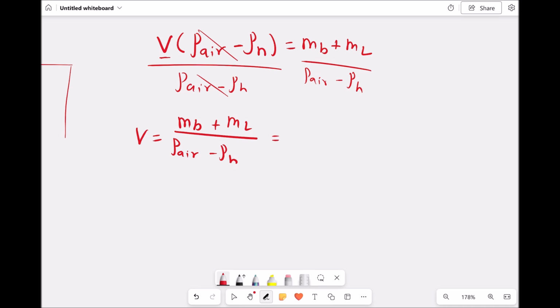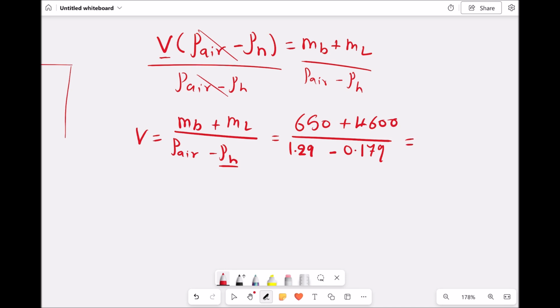Then this is equal to what? This is equal to 650, which is the mass of the balloon, plus mass of the load, which is equal to 4,600, all divided by density of the air, which is equal to 1.29, minus density of helium, 0.179.